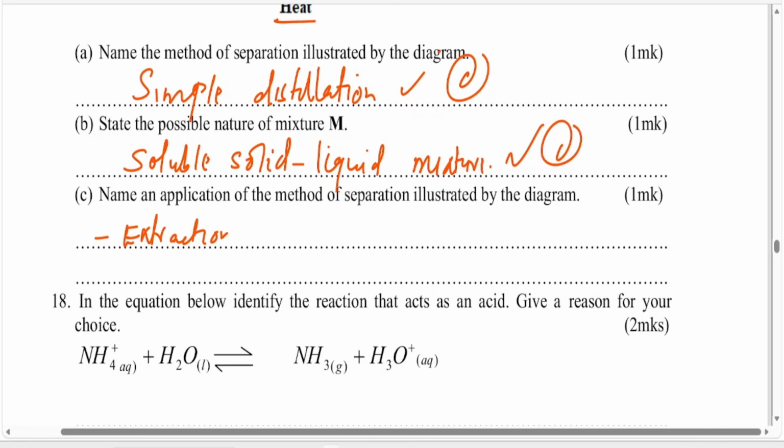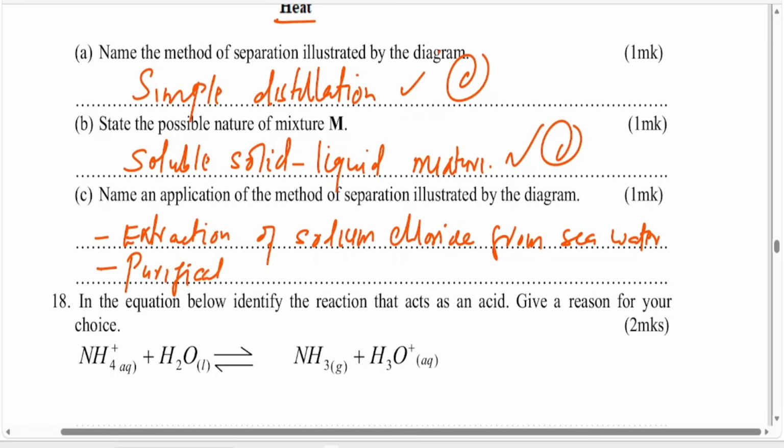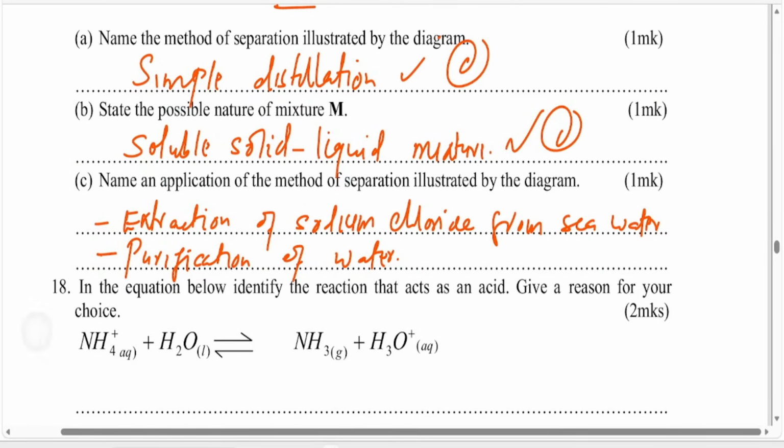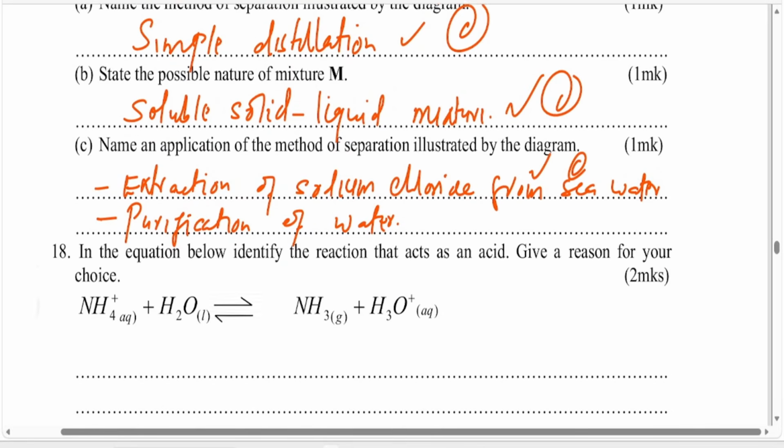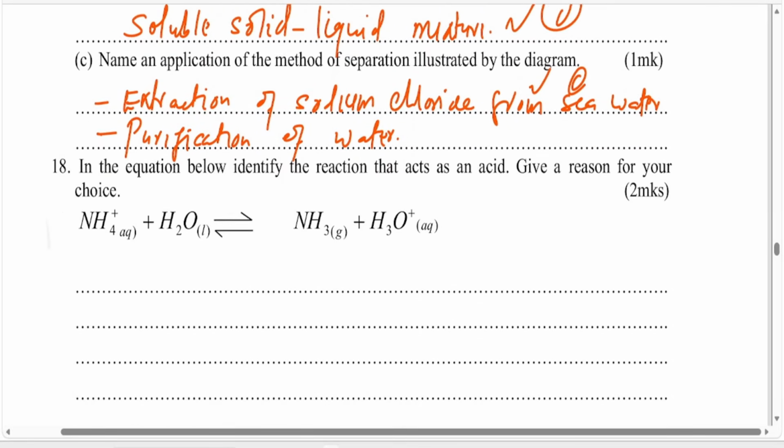You can still apply this method in purification of water. That was to earn you 1 mark. You are only supposed to give 1 application. Let's move to the next question.